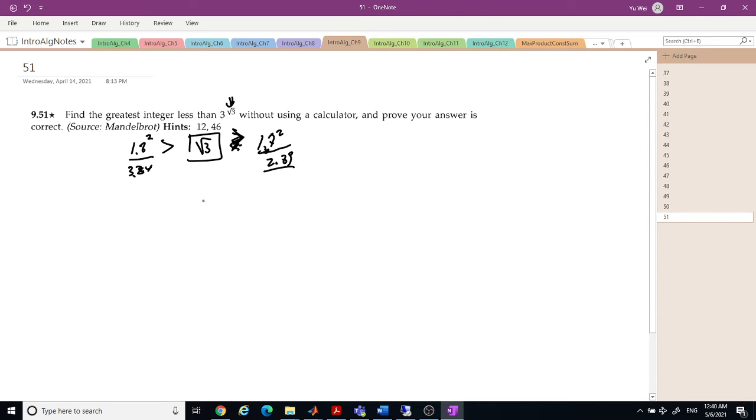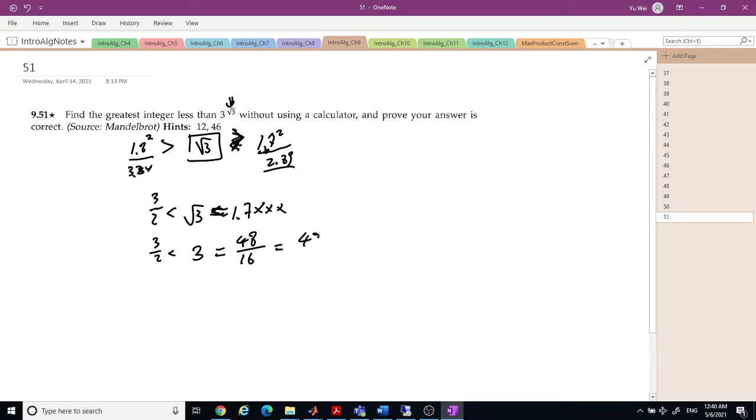So we know the square root of 3 is greater than 1.5, and is somewhere close to 1.7 something something. So 3 should be greater than 2.3 and should be equal somewhere like this.